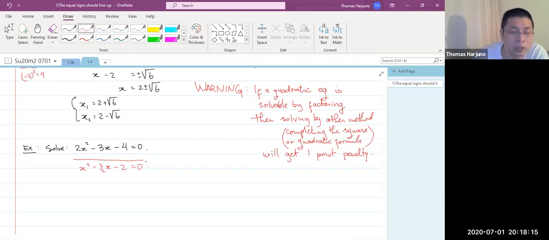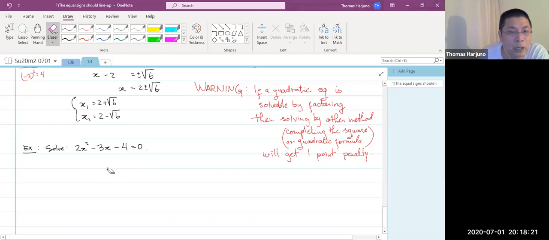Even if it is still doable, I don't think I will do it that way. What I will do then is apply the quadratic formula.